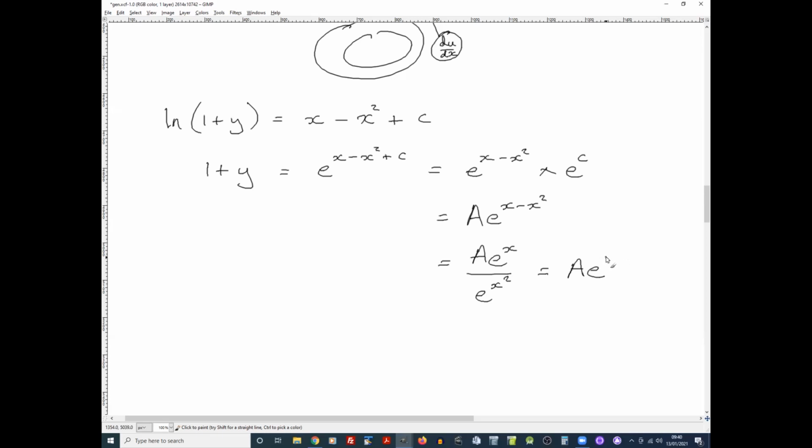Minus 1. No, no. Minus x. But that's not that. What have I done wrong? I mean, if that's the same as that, then x minus x squared is minus x, and that's not true. Whoa, what am I doing wrong?